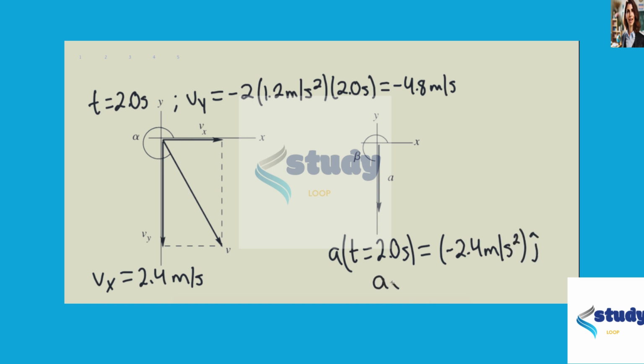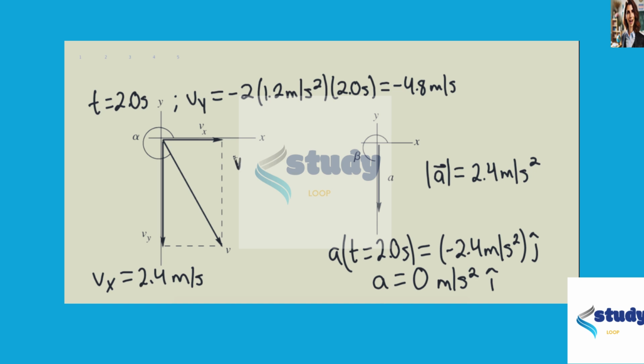And then the acceleration in the x direction would be 0 meters per second squared i hat. So that would be represented here. And we can find the magnitude. The magnitude of the acceleration vector would simply be equal to 2.4 meters per second squared. The direction, of course, would be straight downwards.